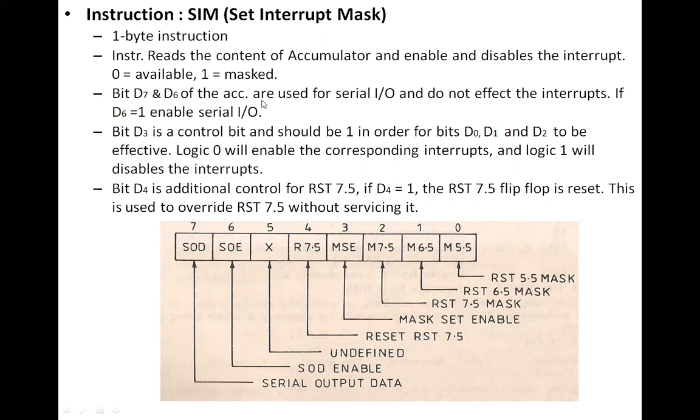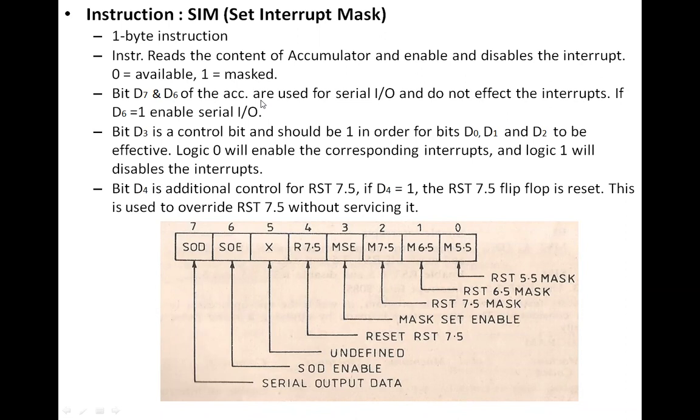So the functionality of the set interrupt mask instruction is this: before we use set interrupt mask, we have to load an 8-bit number into the accumulator, and then whatever number we load into the accumulator, depending upon which interrupt line we want to mask and which interrupt line we want to make available.